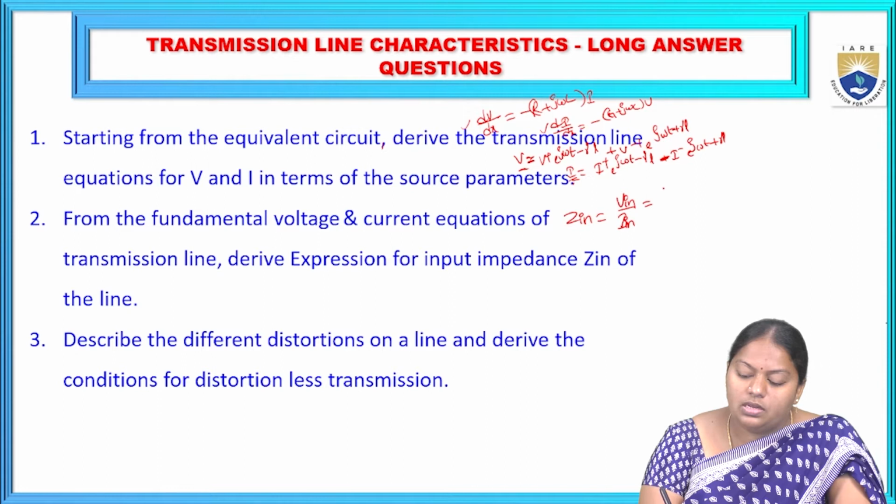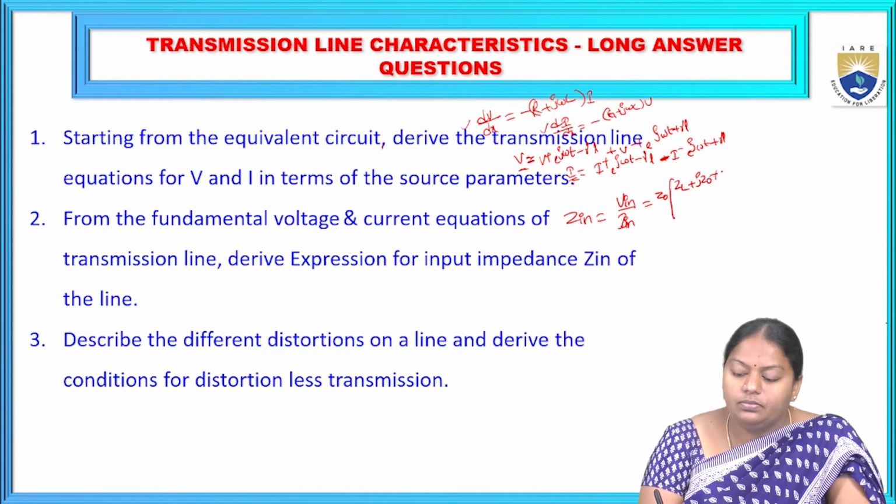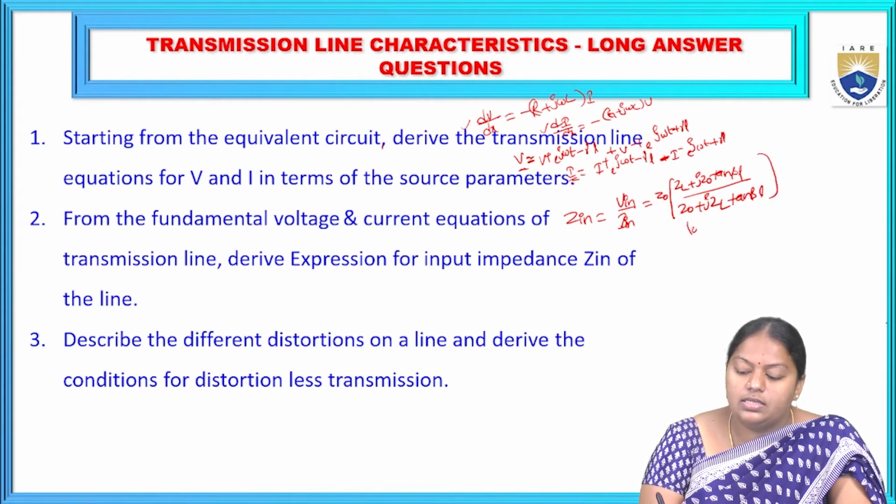First, if you have to express that in terms of a lossless transmission line, then it is given by Zin equals Z0 into ZL plus jZ0 tan beta L by Z0 plus jZL tan beta L. This is for the lossless transmission line.